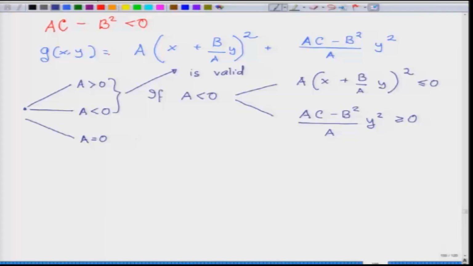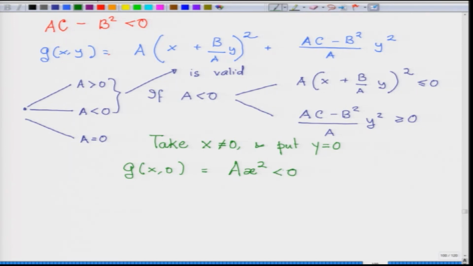So, take x not equal to 0 and put y equal to 0, then g of x0, because this is valid as A is strictly less than 0, is equal to A x square, which is also strictly less than 0.